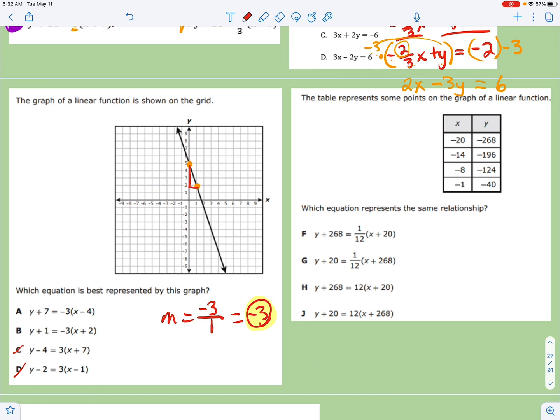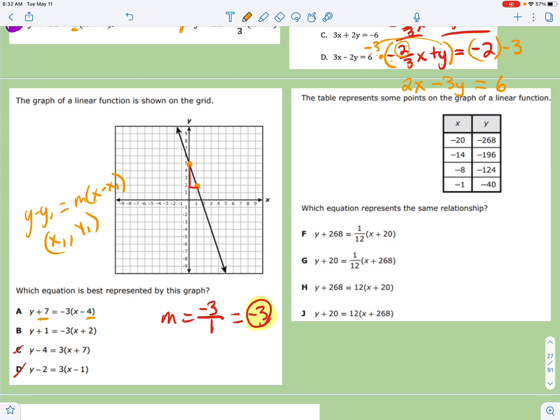All right, now we have to choose and see, okay, which of these points are on the graph? Remembering y minus y1 equals m times x minus x1, meaning that the point x1, y1 is a part of the equation. So what is our x1, y1 here?